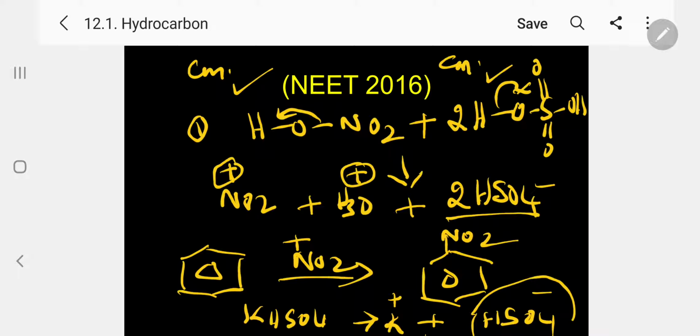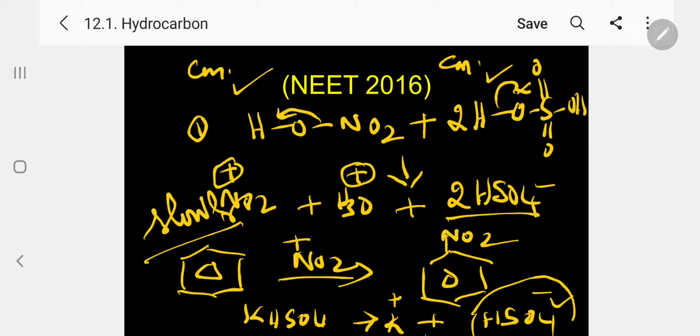So in this case, what will happen now? When you add potassium hydrogen sulfate providing the HSO4 common ion, the equilibrium of the reaction will be shifted toward the left side. That means nitration will be slower. Please follow. Because of the common ion, the nitration will be slowed down. This is the answer.